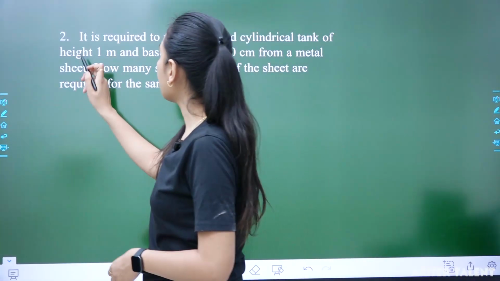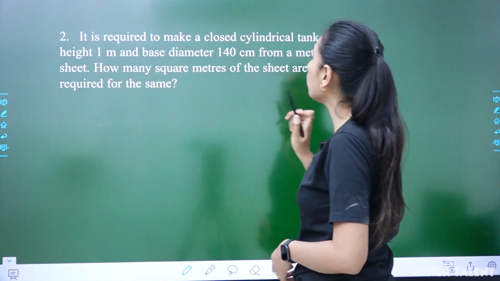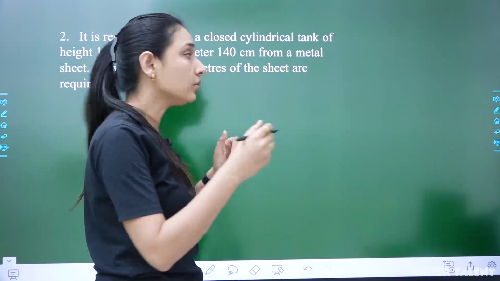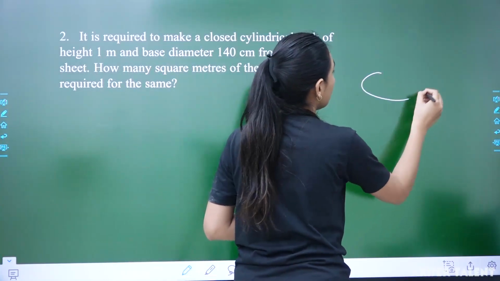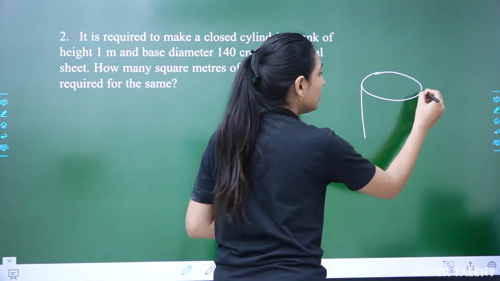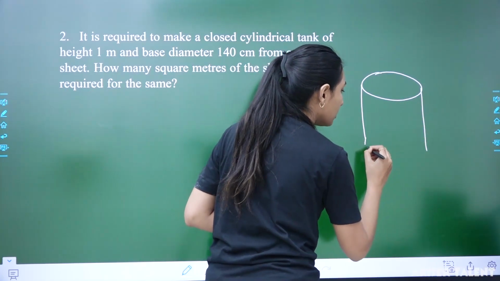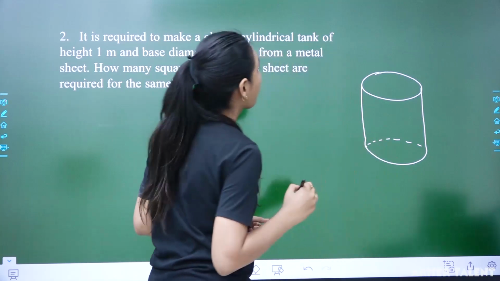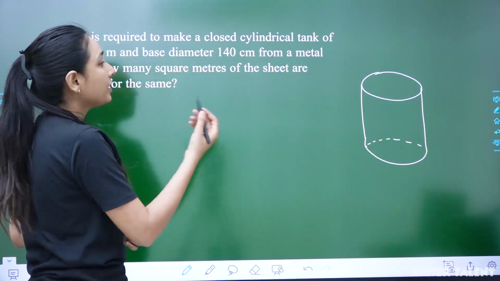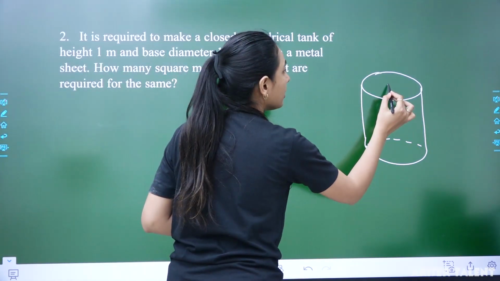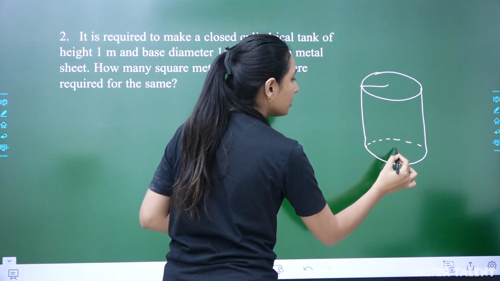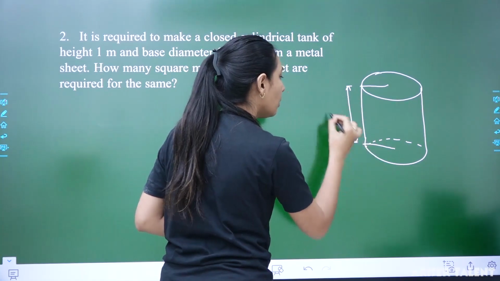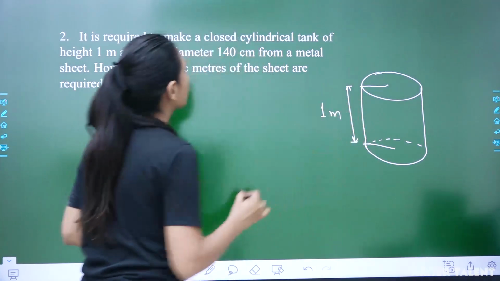Now the question is asking us, it is required to make a closed cylinder tank. What kind of tank? A closed circular tank, a closed cylindrical tank. So this is the tank, of height 1 meter. If this is the radius, some radius, the height is given as 1 meter.